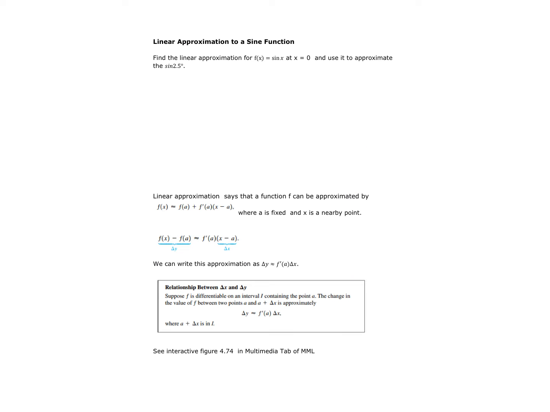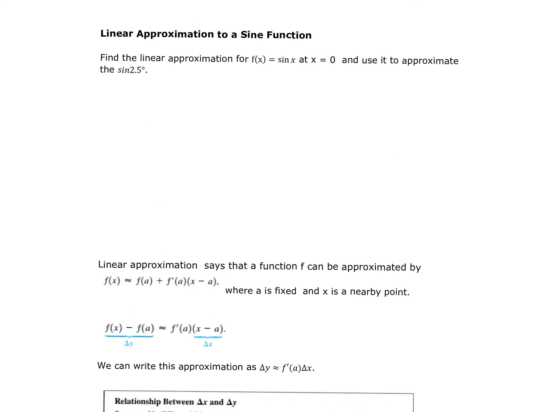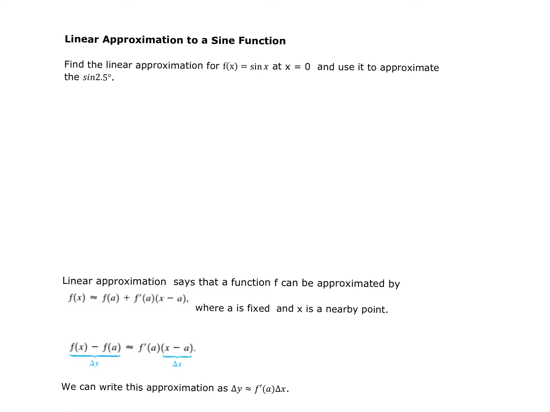Next example. Let's find the linear approximation to sine x at x equals 0 and use it to approximate sine of 2.5 degrees. Again, we're going to start with our function, which is sine x, and the function value at 0 is 0.